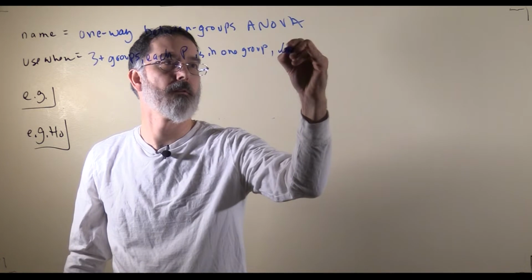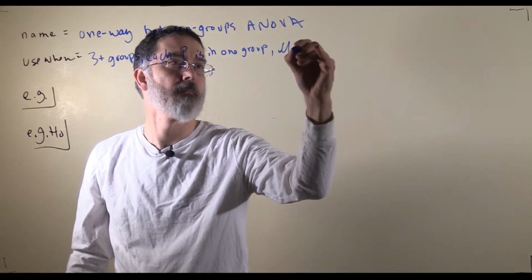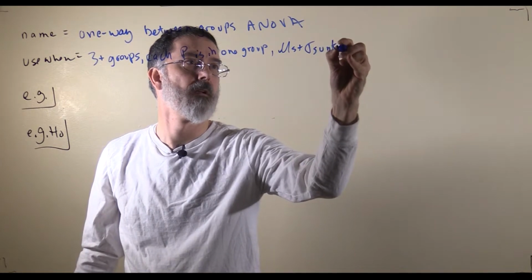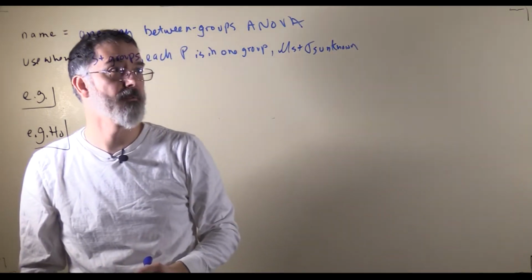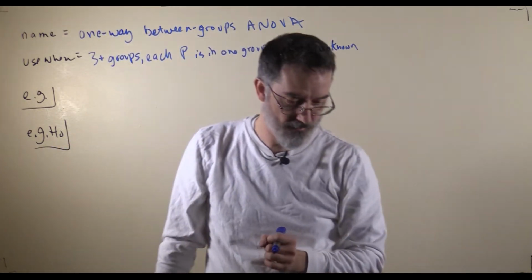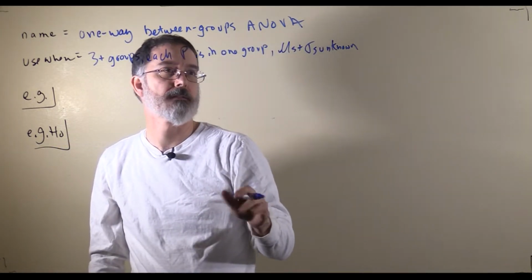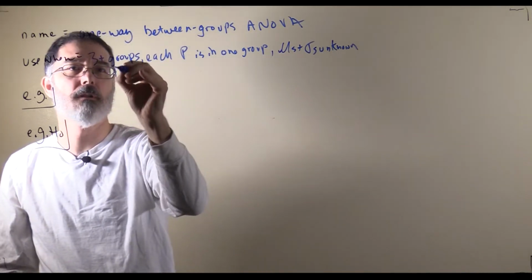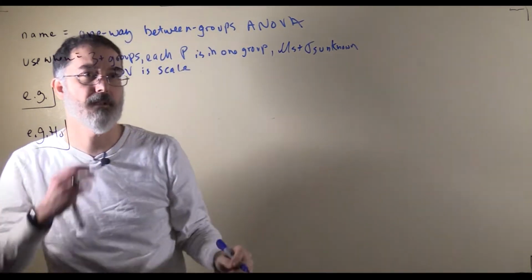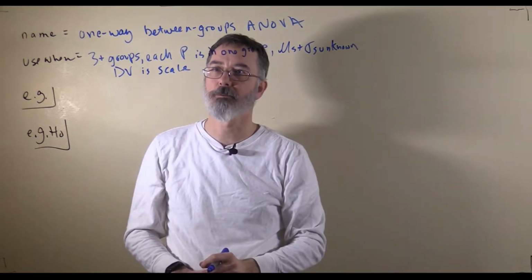When you don't know your population means or population standard deviations, which is usually the case when you're doing research, and you usually estimate these from your samples, which is what we're going to do in this case. And last, your dependent variable is scale. So it's an interval or ratio scale measure.